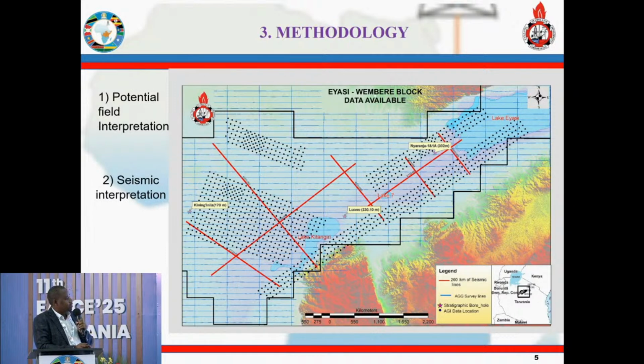Afterward, we decided to do boreholes. We drilled 3 stratigraphic boreholes in order to understand the geology. Our intention was to drill on the margin of the basin so that we could encounter all the stratigraphy.